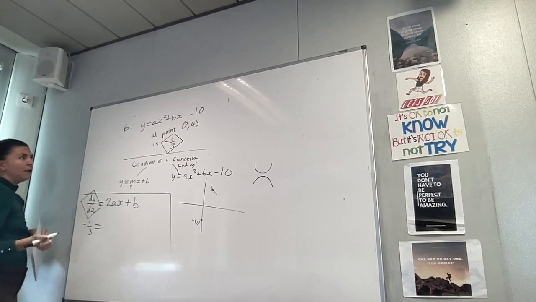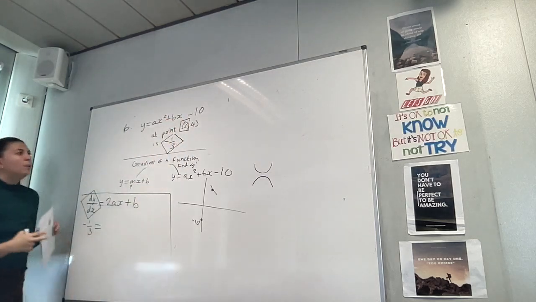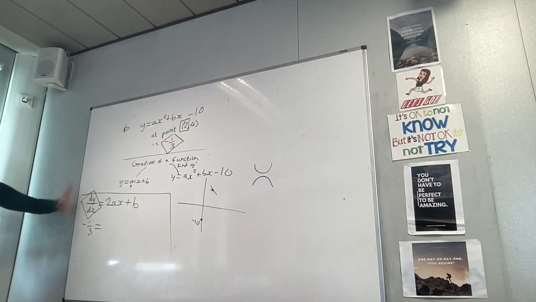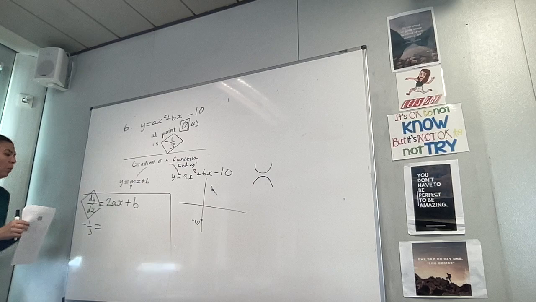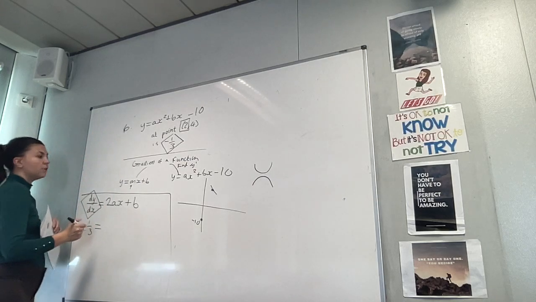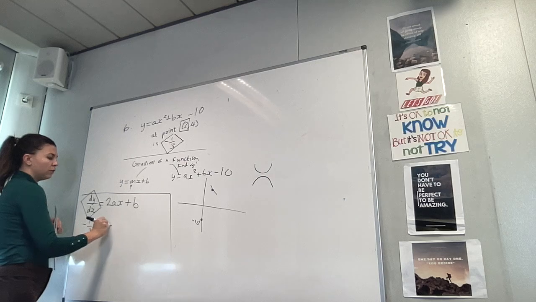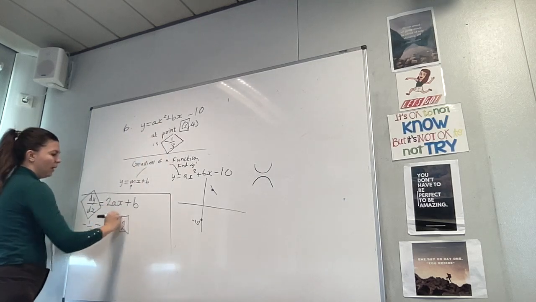Now what can be confusing about this is we're only going to substitute, I believe, the 2. Because what we're substituting for the left-hand side of the equation is the gradient, not the y. So then we're going to start substituting in the x. So the x is 2. So we just do 2 lots of a times 2. So this is this 2 here, plus b.